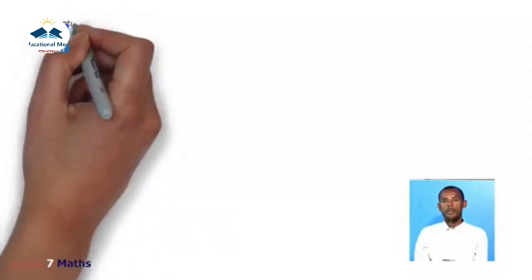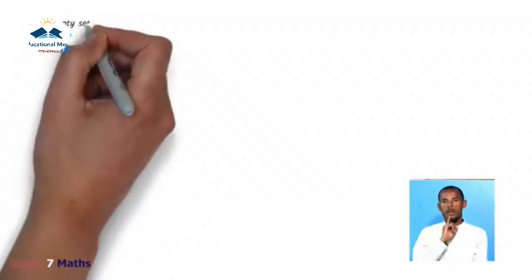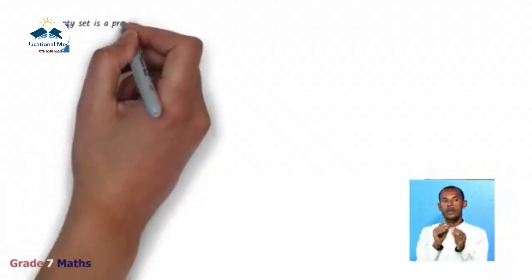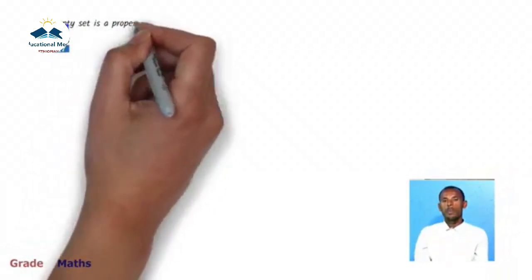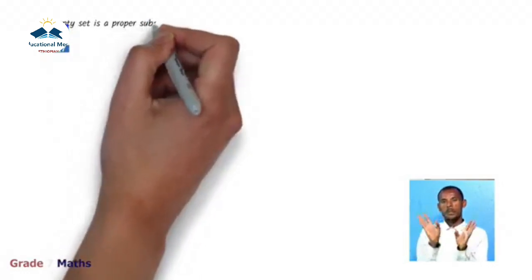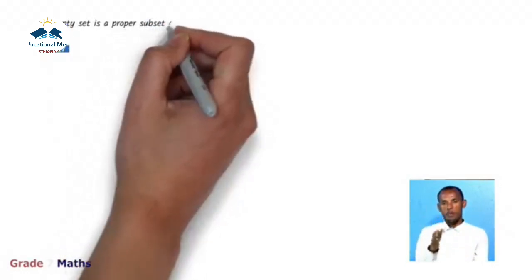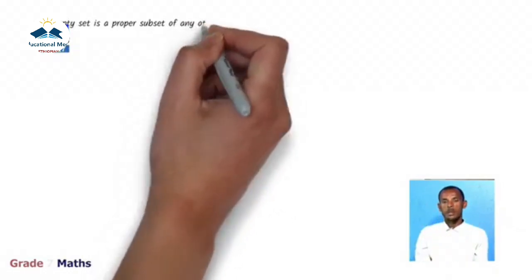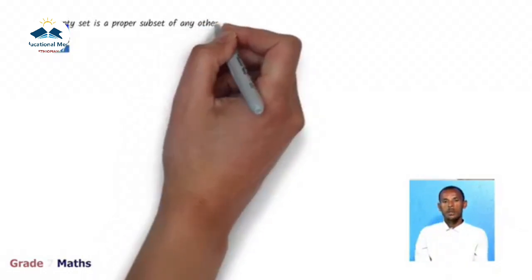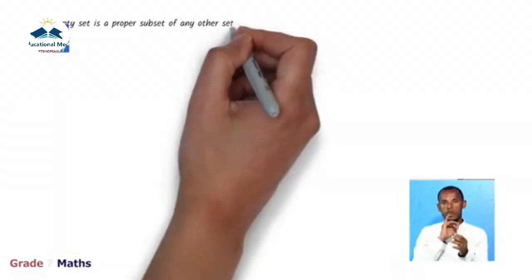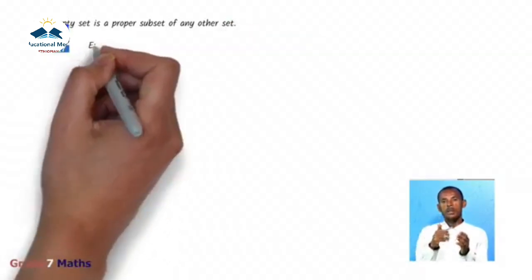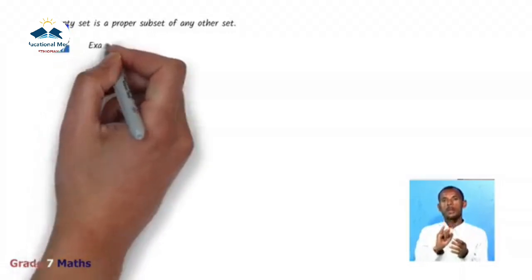So a set is not a proper subset of itself. Again, the empty set is a proper subset of any other set. The empty set cannot be a proper subset of the empty set, but it is a proper subset of any other set.